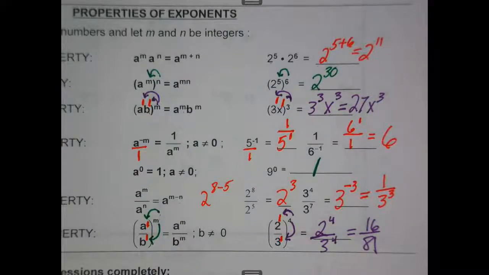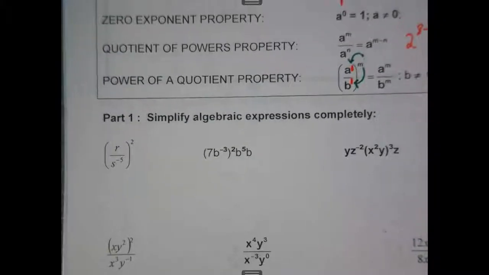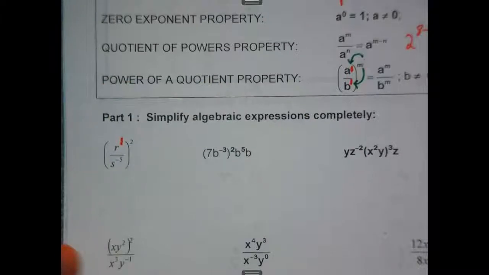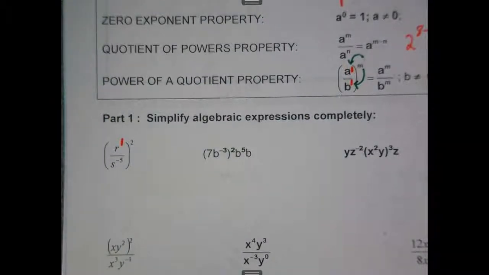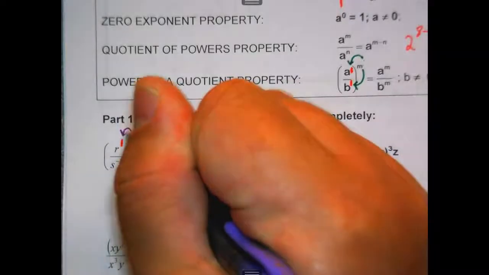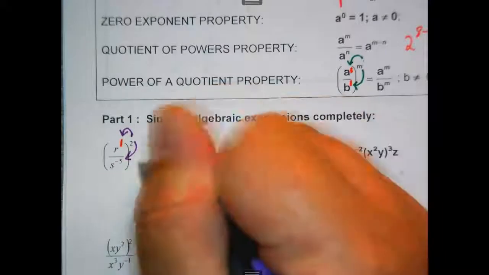First example, I have r divided by s to the negative 5, raised to the power of 2. I'm going to put my exponent there so I don't screw it up. Okay, it's outside parentheses, so I'm going to multiply each exponent.